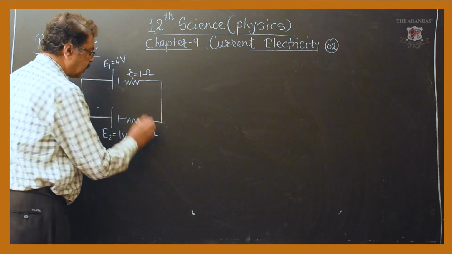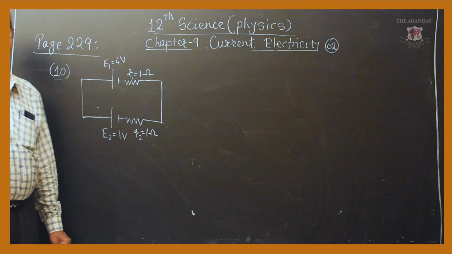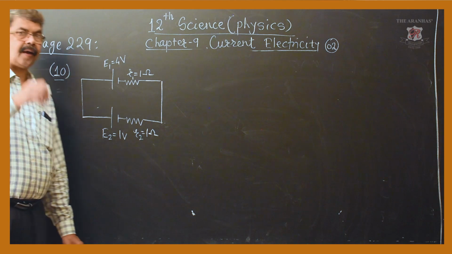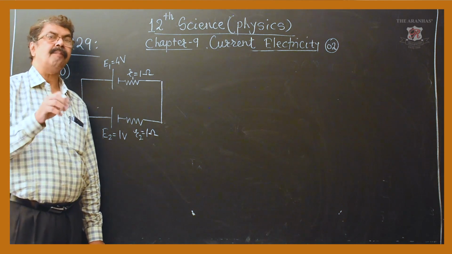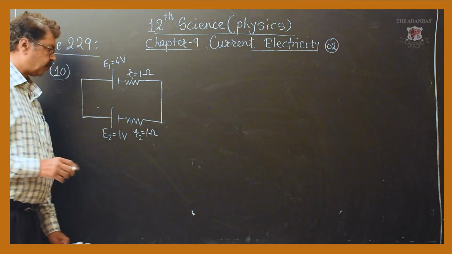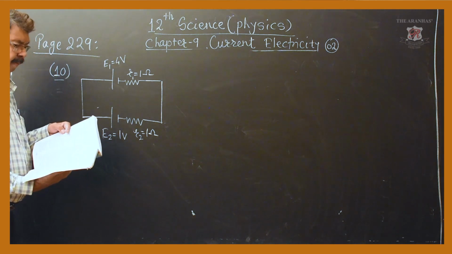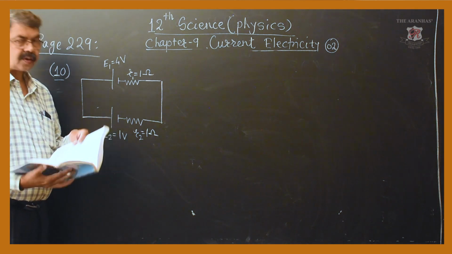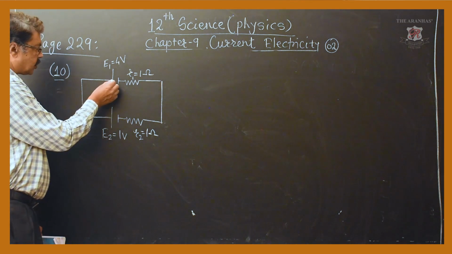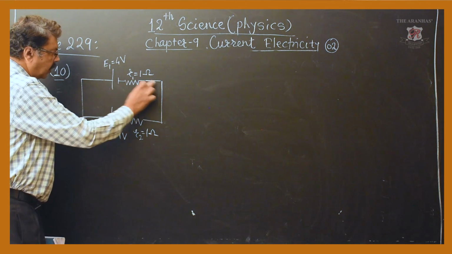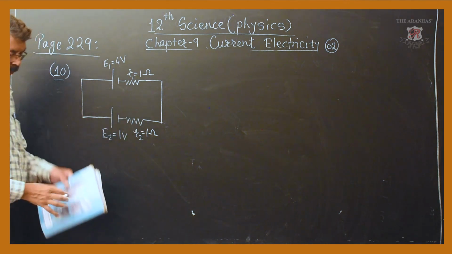See, E is representing EMF, small r is representing internal resistance. As discussed earlier, every cell will have some internal resistance. These values are given. Further, they say, with their like poles connected together, means positive of first is connected to positive of second, negative to negative of second.